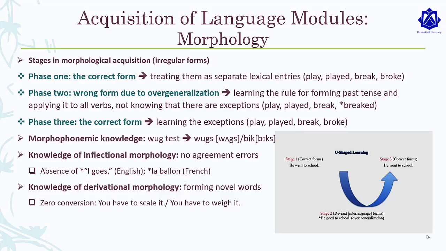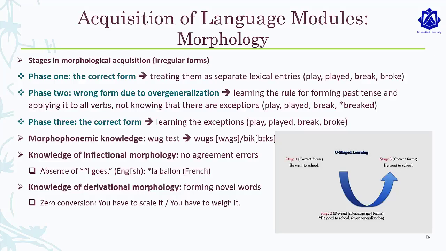Then comes phase 2. In phase 2, they learn the rule in order to form past tense, and they mistakenly use it for making past tense for break as well, which is irregular, which requires an irregular form.